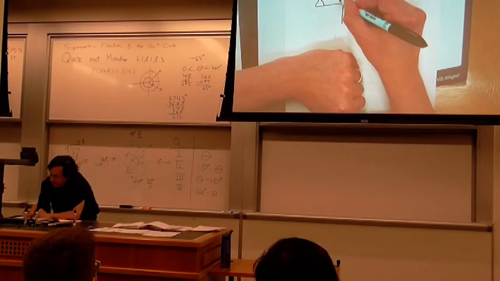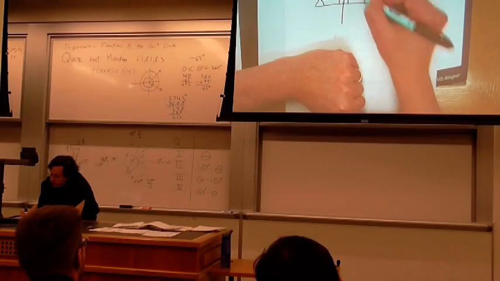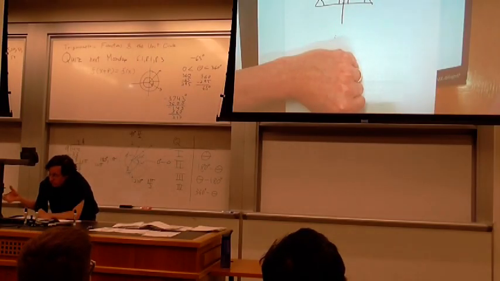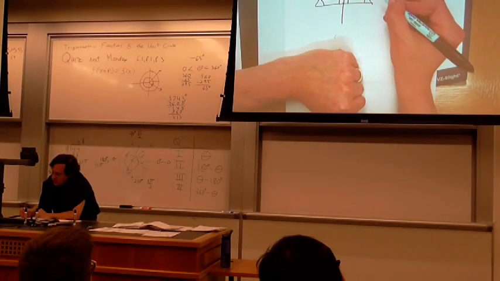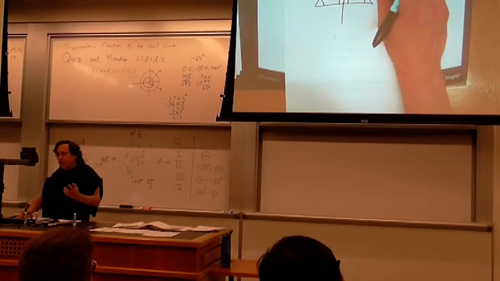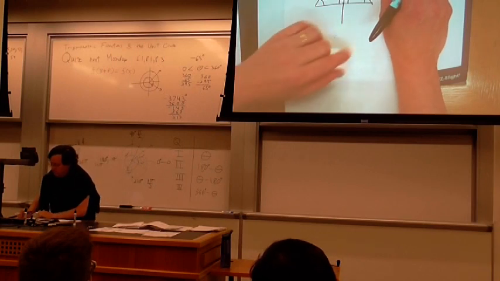Since it's perpendicular, this is a right angle, and since this is now a complementary angle to 60, this angle has to be 30. So we have a 30, 60, 90 triangle, and what we're going to pull out of this is the sines and cosines of 30 and 60 degrees.